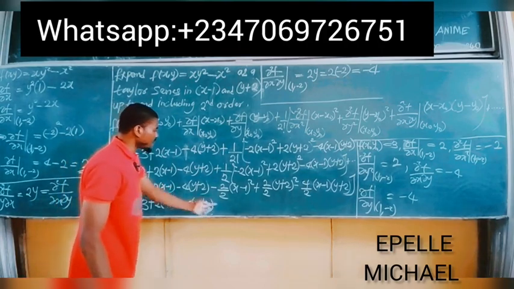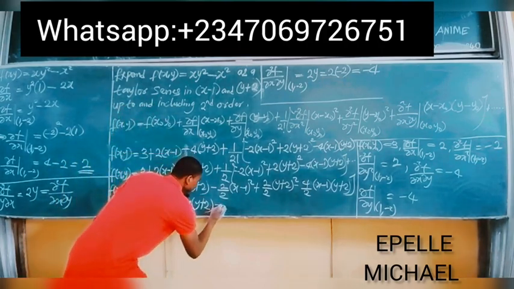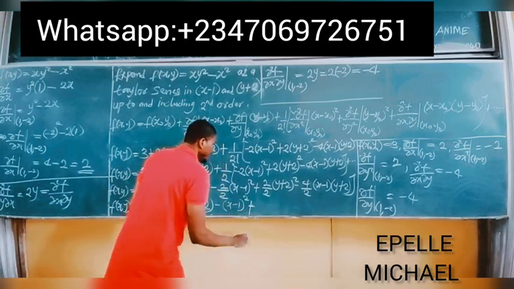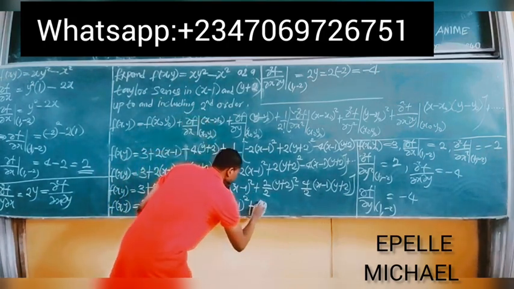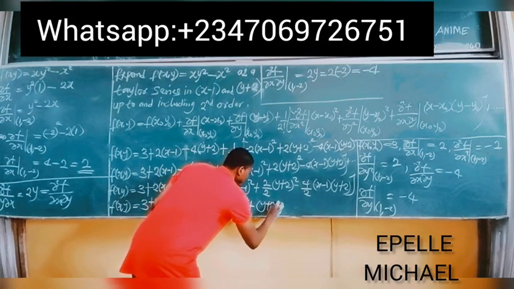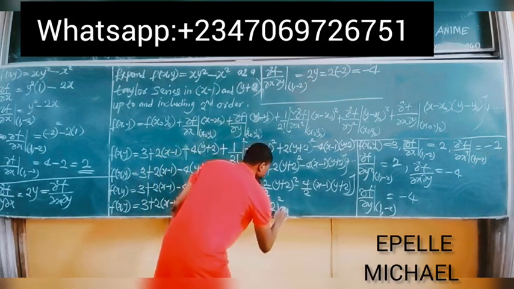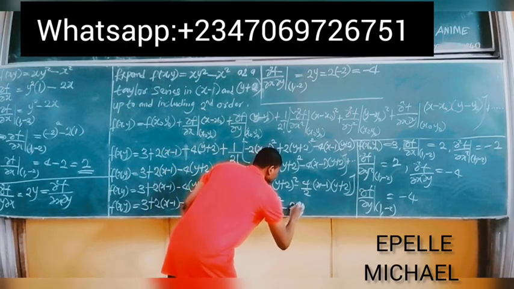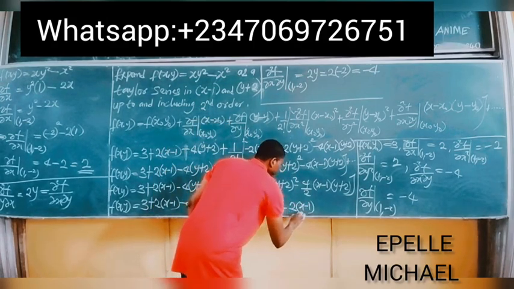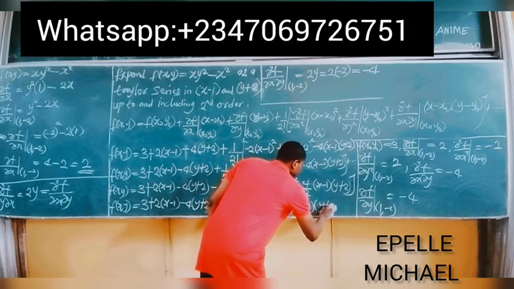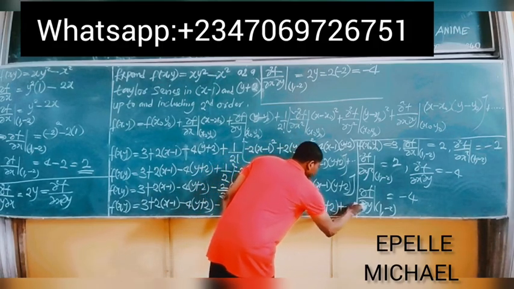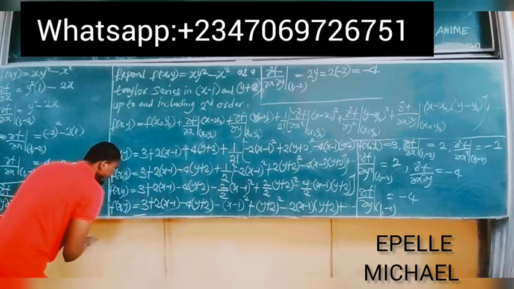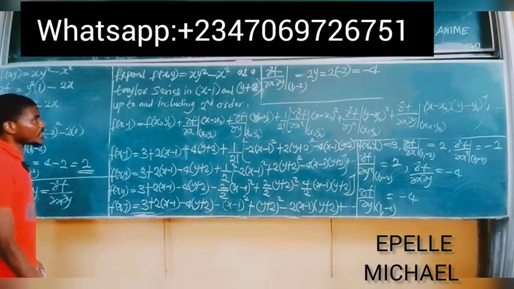From here, minus 2 divided by 2 is minus 1, so you simply have minus (x minus 1) all squared plus, same thing here, 2 divided by 2 is 1, you simply have (y plus 2) all squared, minus 4 divided by 2 is minus 2, so minus 2 into (x minus 1) into (y plus 2), and the series continues like that. So that is the Taylor series expansion of that given question.